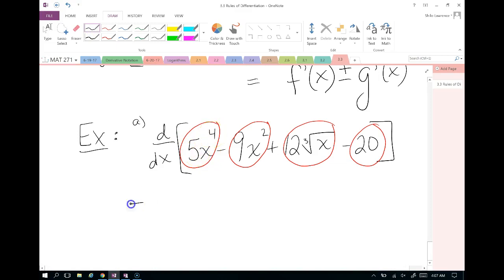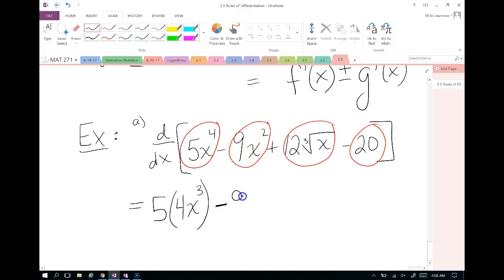Now the 5 is a coefficient. It's just going to carry on to the answer. The derivative for x to the 4th, we do the power rule. Old power comes out front, and we subtract 1 for the new power. And I'll do another step to simplify this stuff. And then I keep my operation of minus, and I can go on to the derivative of the next piece.